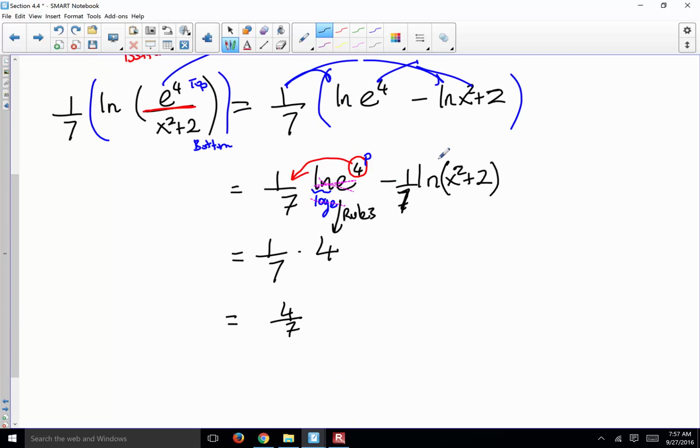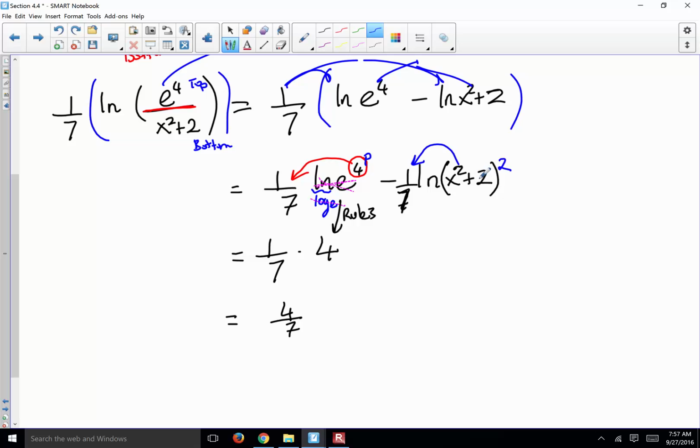What is the second one? Can we do anything about this? I have a feeling we can also factor this out, or yeah, we can cancel this out and move it here. 2 in front, 2 over 7 ln x plus 2. Is my feeling right? I wish the 2 was here, the square was here. You could move it, but not like this.